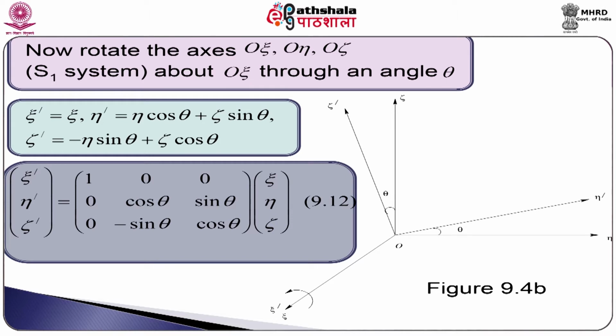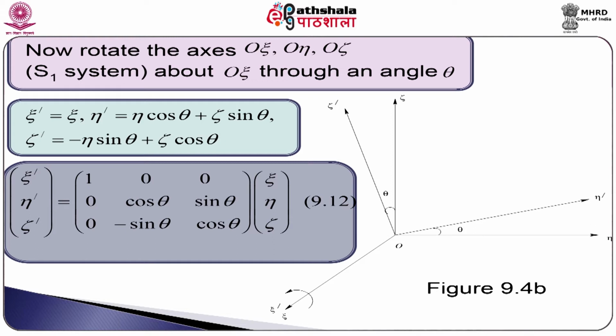Xi and xi dash remain the same since O xi is fixed, and we are giving rotation through an angle theta. Therefore, from coordinate geometry we have xi dash equal to xi, eta dash equal to eta cos theta plus zeta sin theta, zeta dash equal to minus eta sin theta plus zeta cos theta. This can be represented through a matrix as given in 9.12.